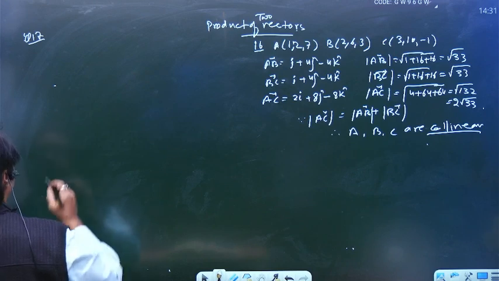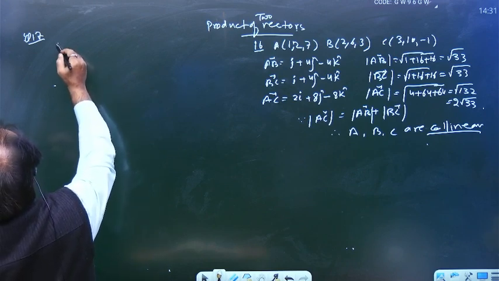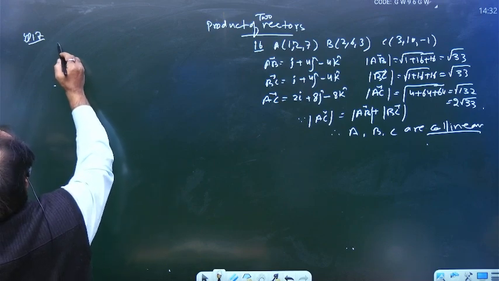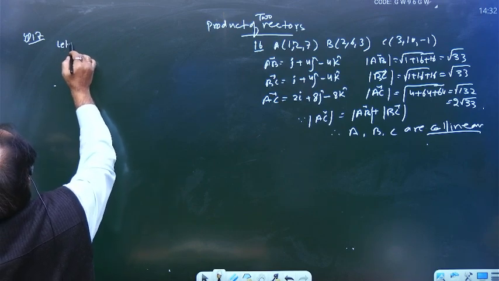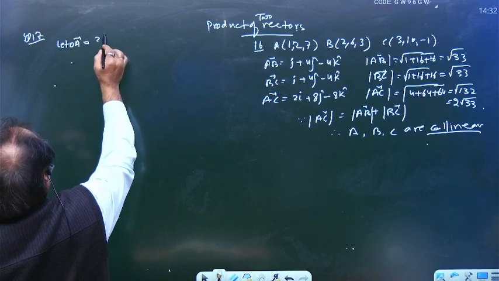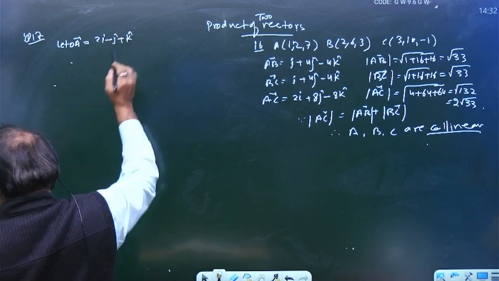So the given vectors, let us take them as position vectors. Let OA is equal to 2 i cap minus j cap plus k cap.